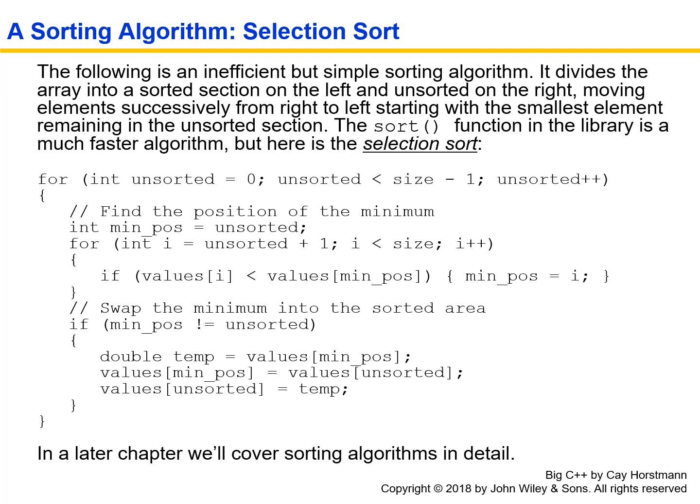We read through the entire array again, swap the value in, and so we end up reading through the array n times. We do n reads n times, so it's an order of n squared algorithm, which is not terribly efficient, but it works.